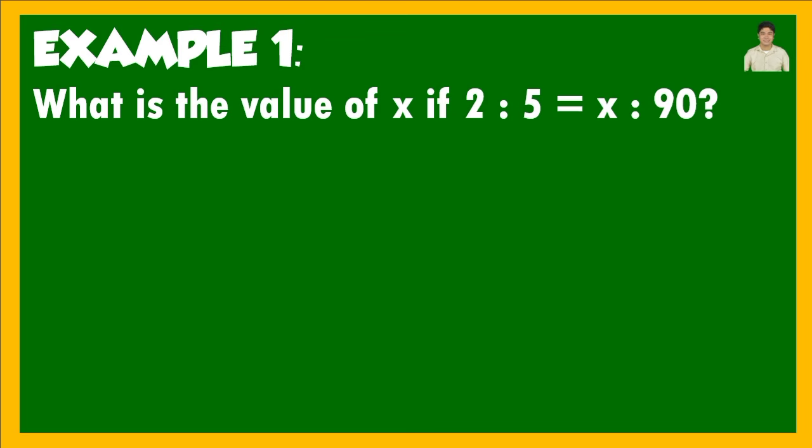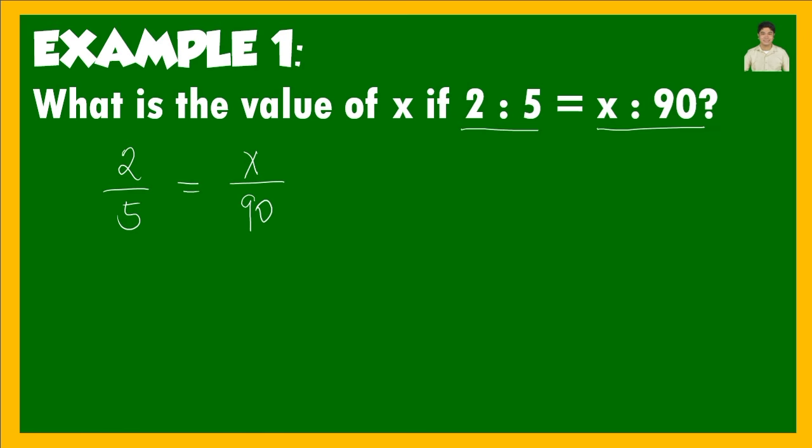As you can see, nakasulat po yan in column form. So, yung column form po na yan, isusulat natin in fraction form. Paano ba yon? 2 over 5 or 2/5 is equal to x over 90. So, ganyan lang po natin sila isusulat in fraction form.